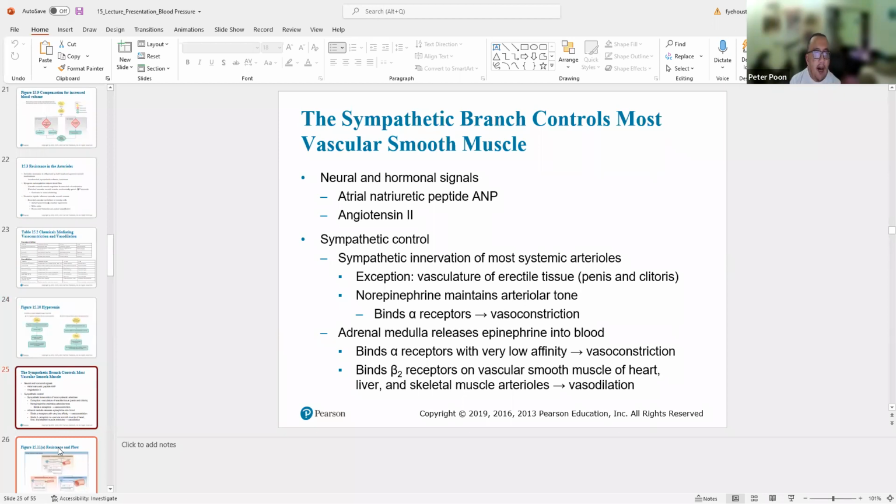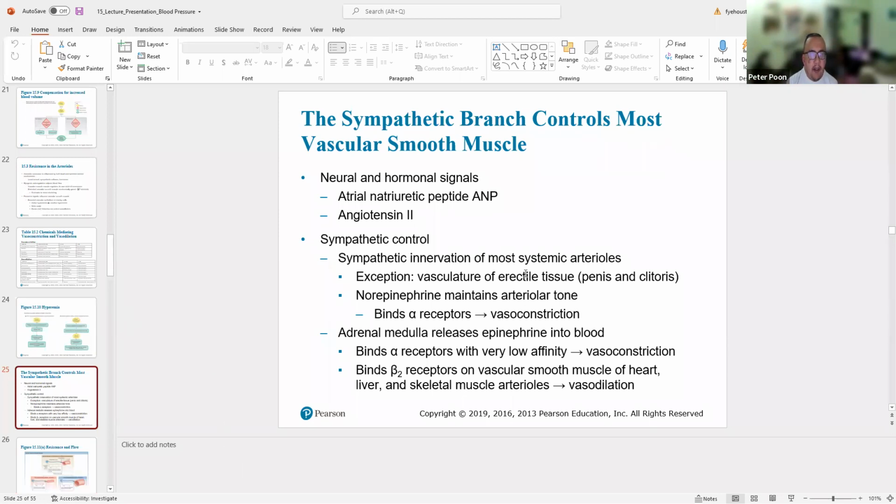So the sympathetic branch controls most of the vascular smooth muscle. Like when you're resting, it really doesn't matter too much where the blood goes. When you're running for your life, it very much does matter where the blood goes. So here's the sympathetic control.